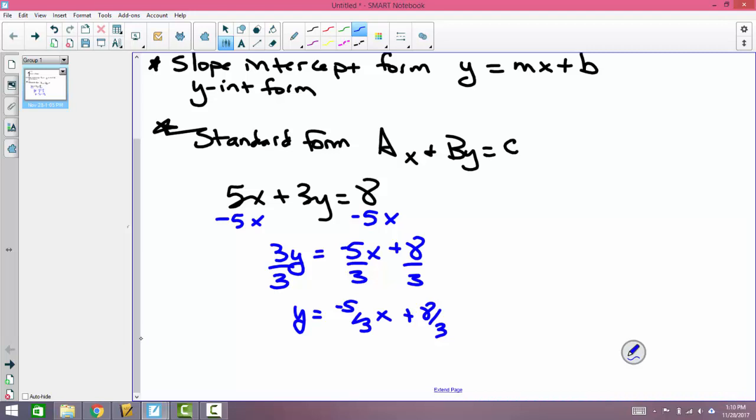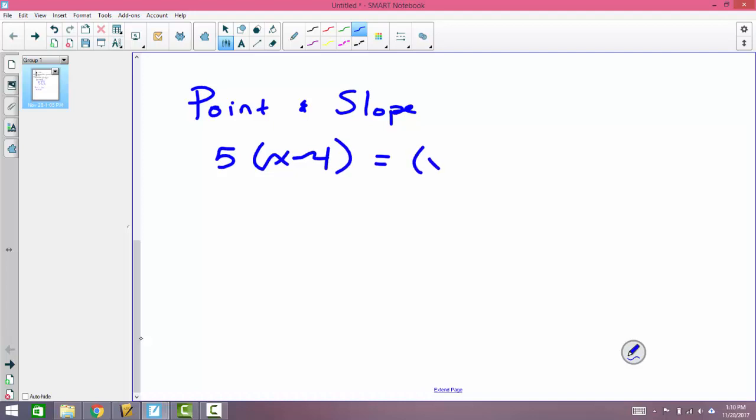Basically, you need a point and a slope. And all of these three forms, if you solve them for y, they'll all give you the exact same thing. So, for example, 5 times x minus 4 equals y minus 6. So point slope form is m times x minus x sub 1 equals y minus y sub 1.